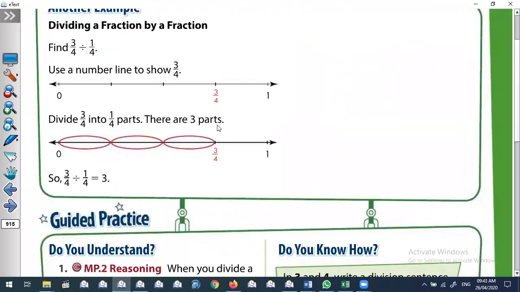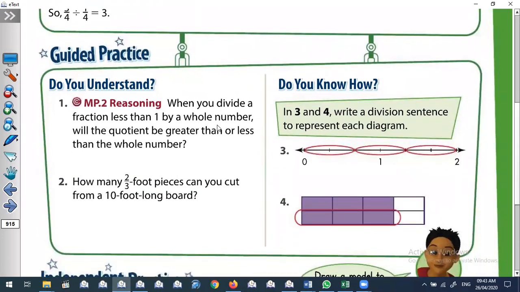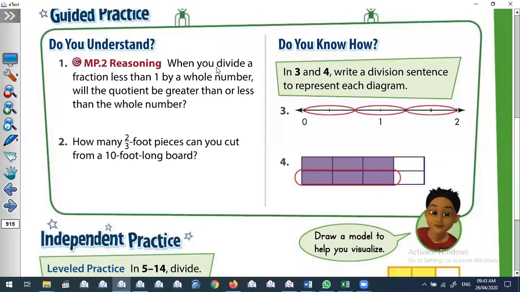with our exercise here. In 3 and 4, write a division sentence to represent each diagram. Here too, we need to write a division sentence. Here we have the last number, the number line is 2.